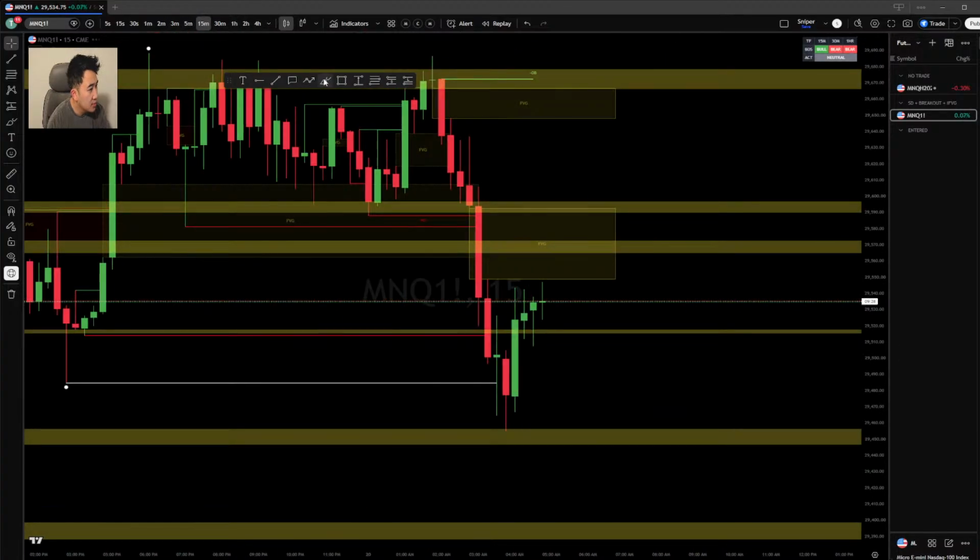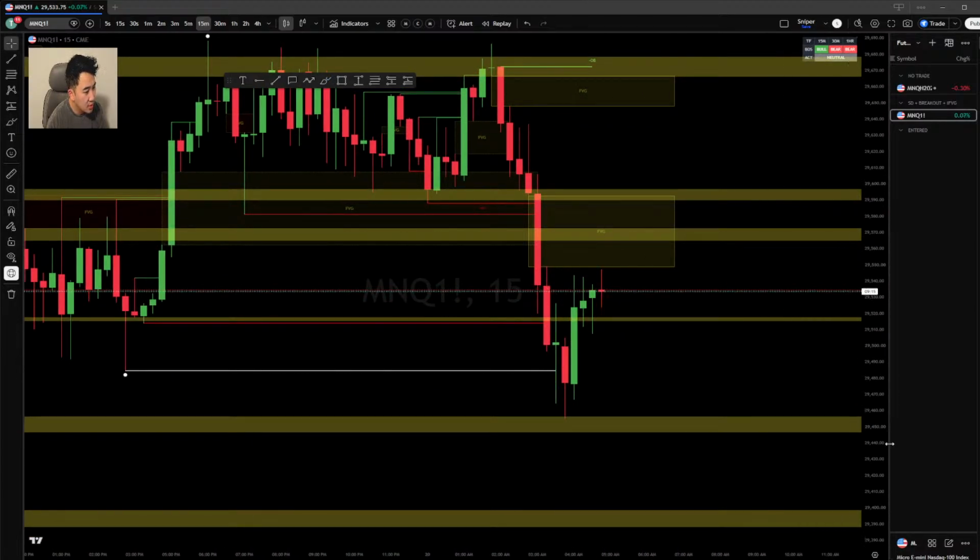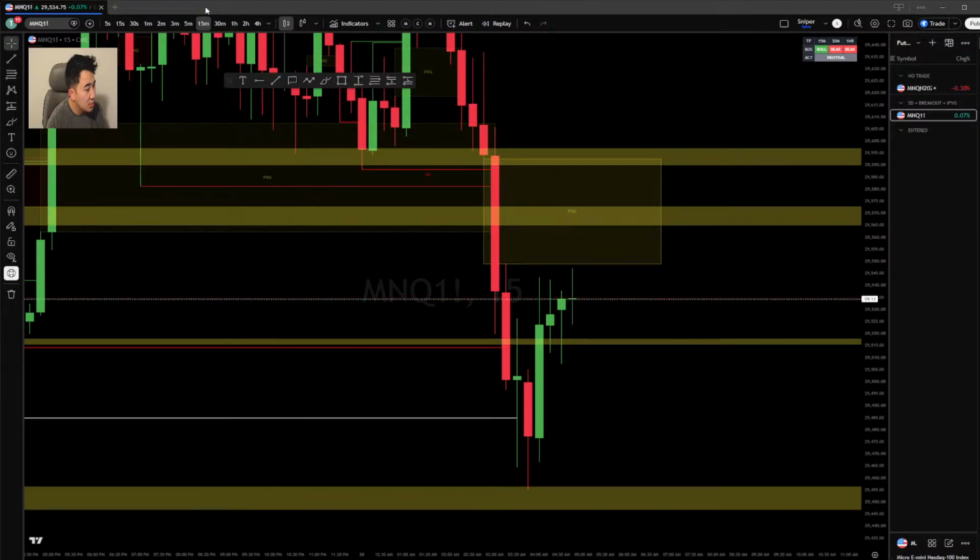Our 15-minute directional bias, break of this low right here. So we're bearish. Don't know why it says bullish, but 15-minute is bearish.